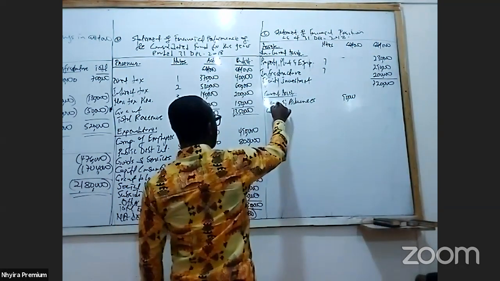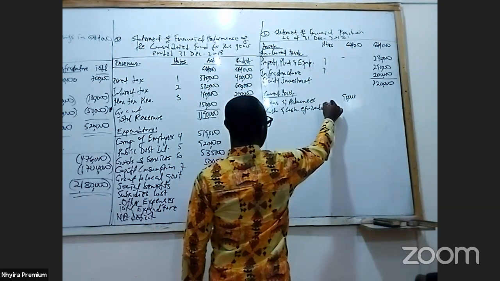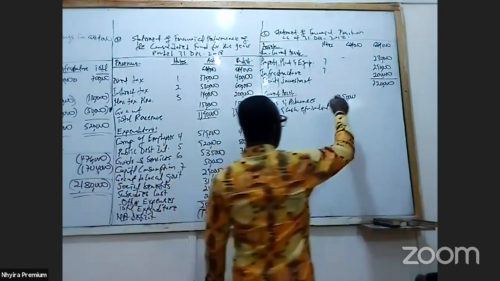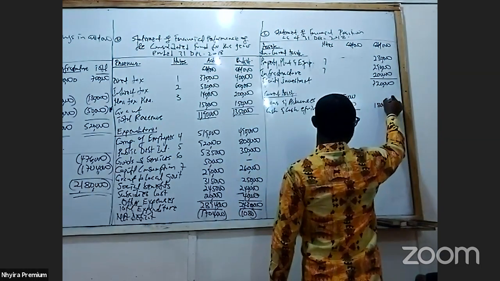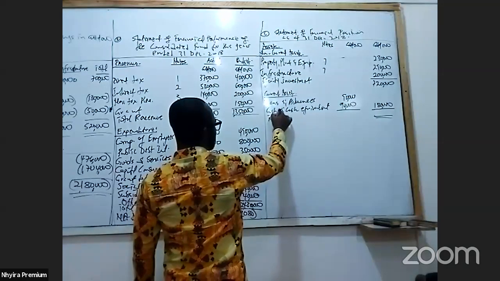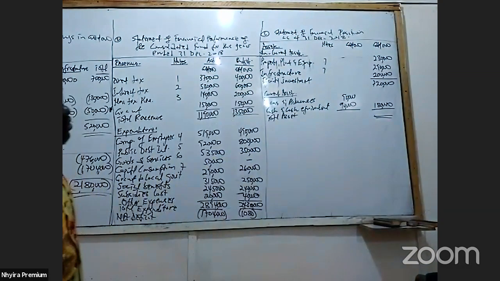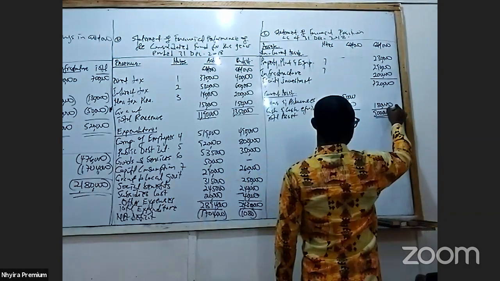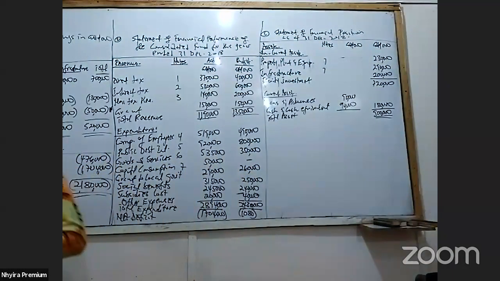Then cash and cash equivalent, also 90,000. So you add it up to 180,000, and that gives us total assets of 900,000.